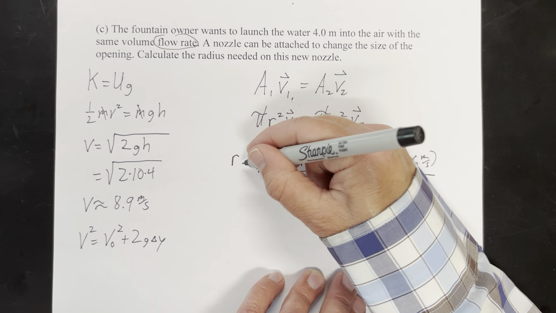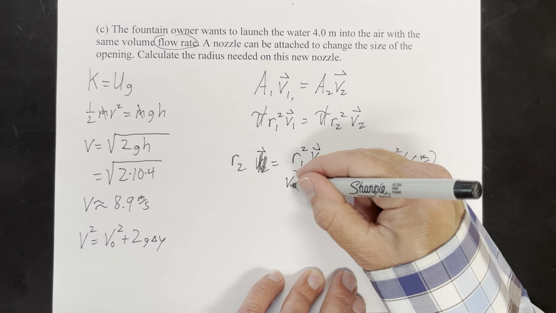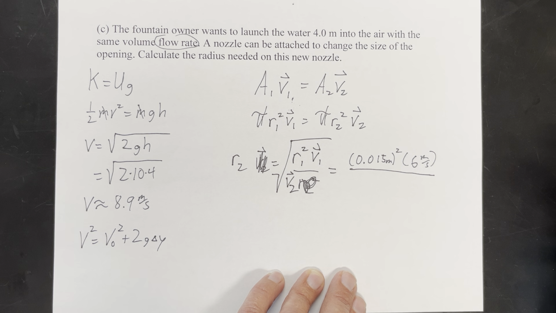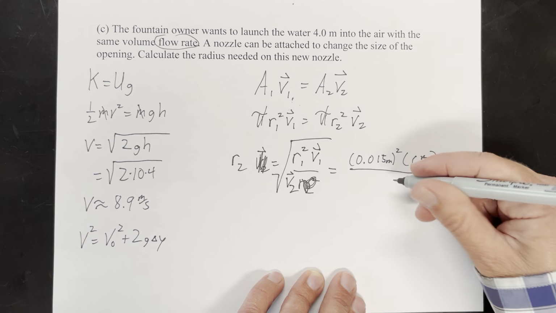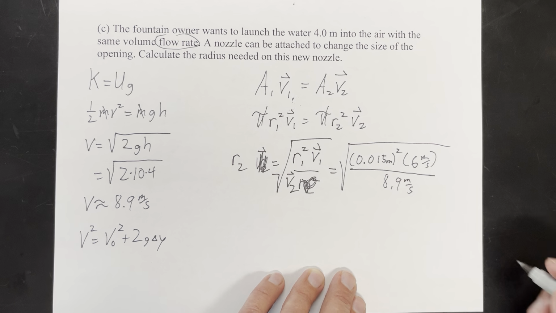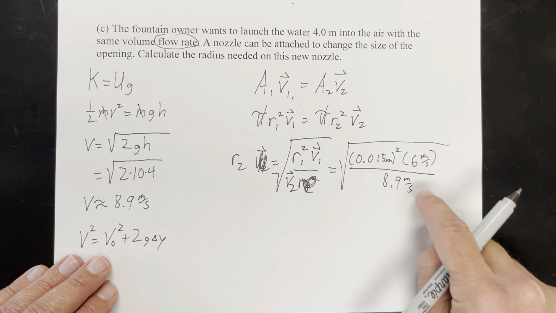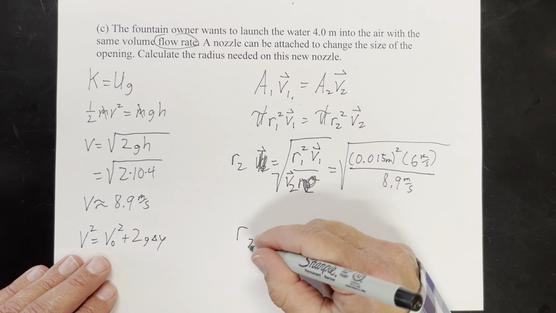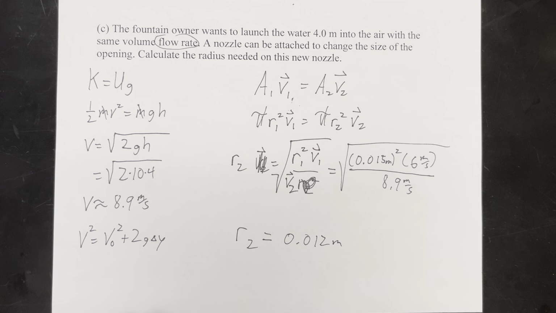So this should be radius 2, and this down here should be velocity 2. And also, since that's squared, that means I've got to take the square root of all of this. Sorry, made a little mistake there. And so now, fixing that, velocity 2 is what we solve for over here, which is 8.9 meters per second. And I've got to take the square root of all of that. So 6 times 0.015 squared divided by 8.9, and that should give you roughly 0.012 meters here as your radius at point 2.